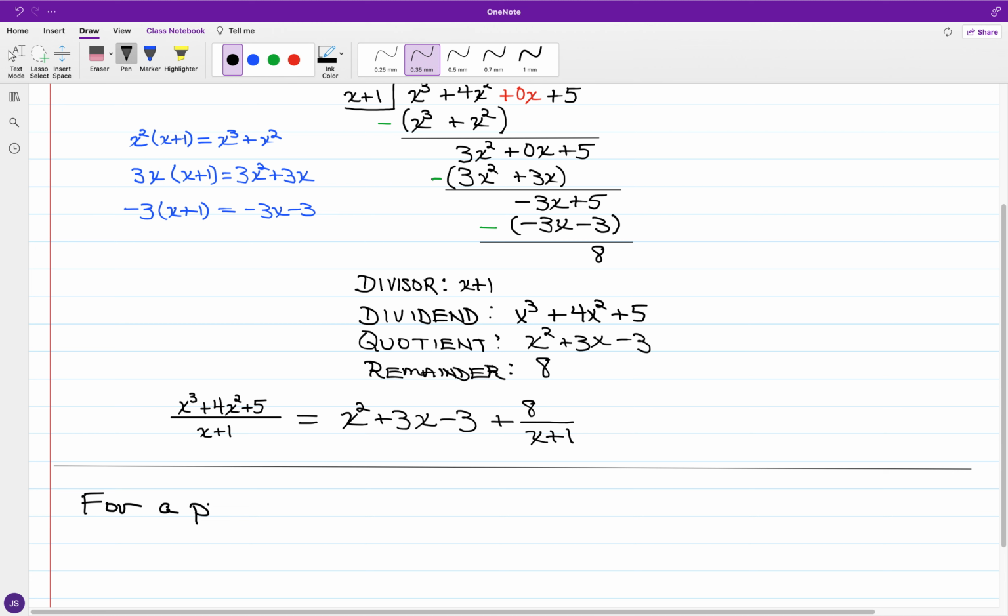For a polynomial, you have f of x equal to a of n x to the n, and it's the same general polynomial expression that we looked at when we were looking at the end behavior of the graph of a function.